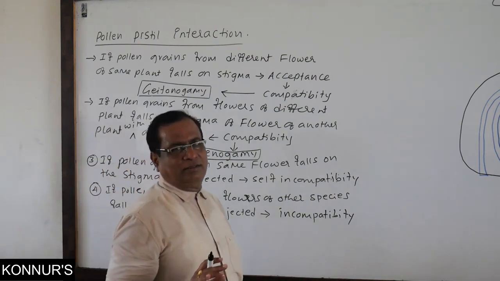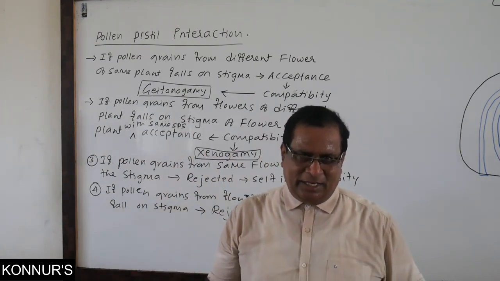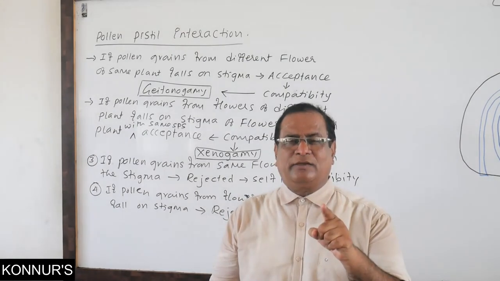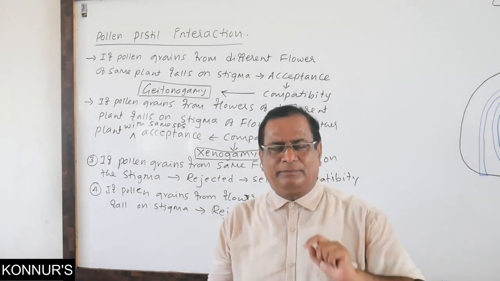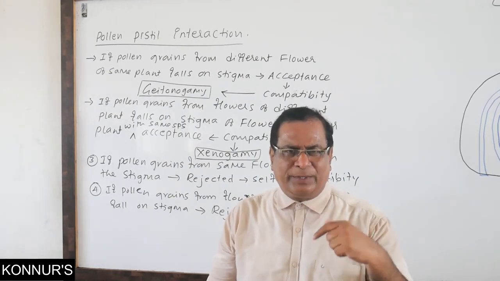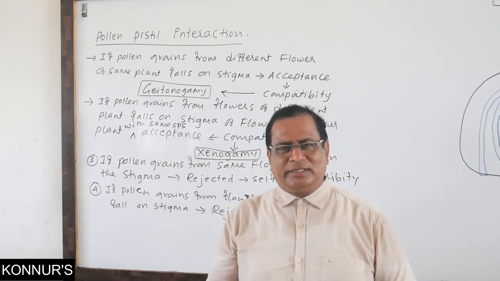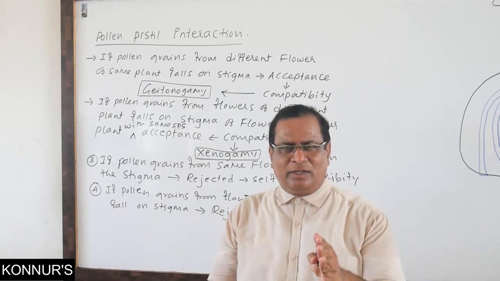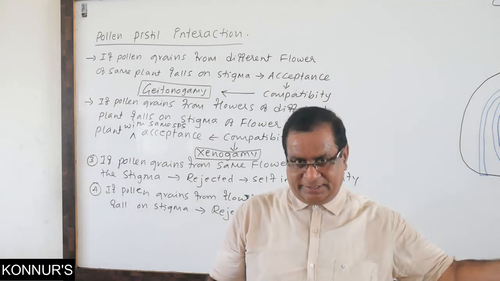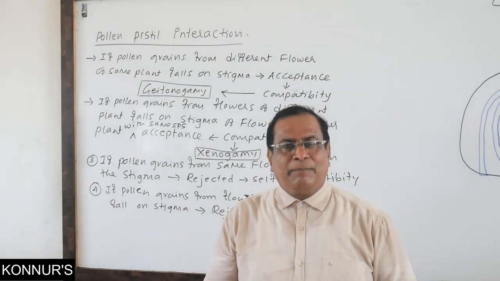In two conditions, pollen grains are not accepted, they are rejected. When pollen grains from the same flower fall on the stigma, they are rejected. It is self-incompatibility, a genetic mechanism. And another one is pollen grains from the flowers of a plant of another species falling on the stigma of a plant.